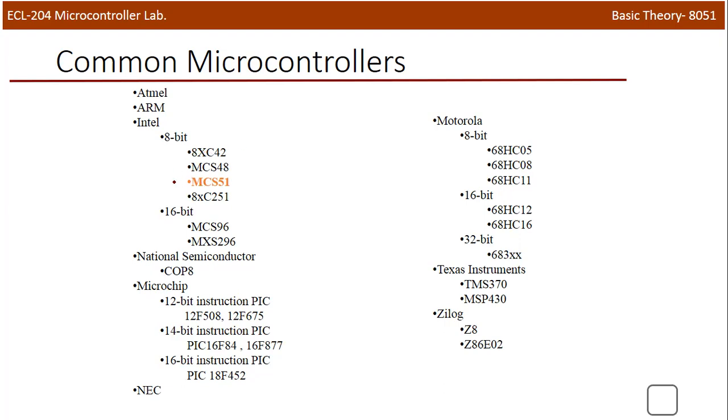This 8051 microcontroller family is normally known as MCS 51. Atmel, Philips, and other manufacturers also develop 8051 compatible microcontrollers. There will be slight differences in features, but generally that family is known as MCS 51, 8051.